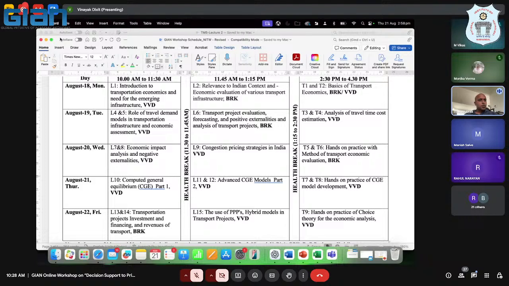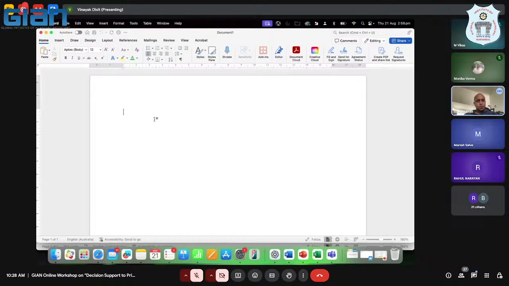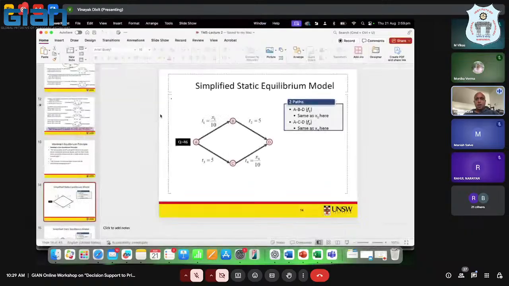Let me open a new document. So what we get is x1 by 10 plus 10 is equal to 5 plus x4 by 10, correct? I've converted this 5 to a 10.